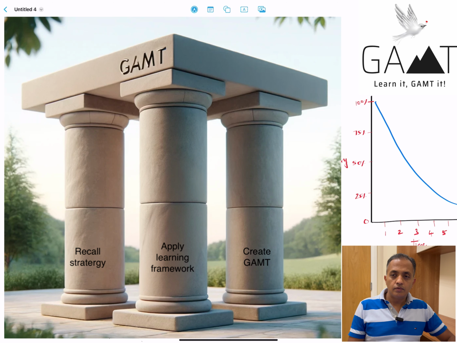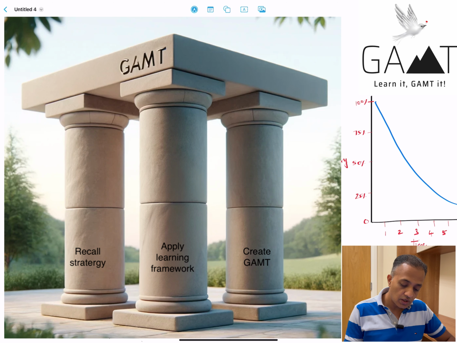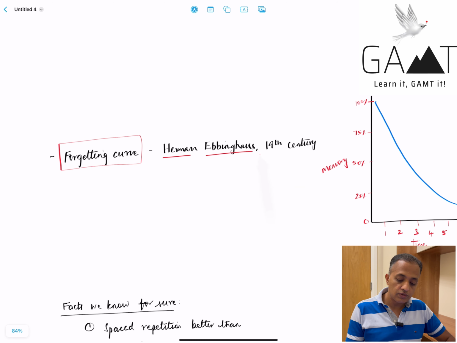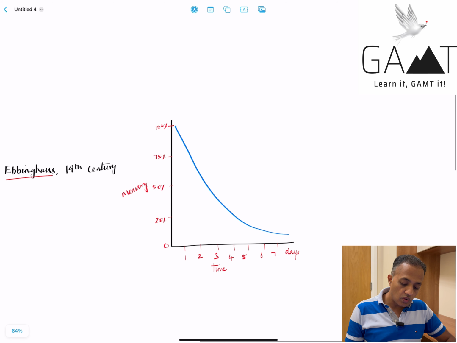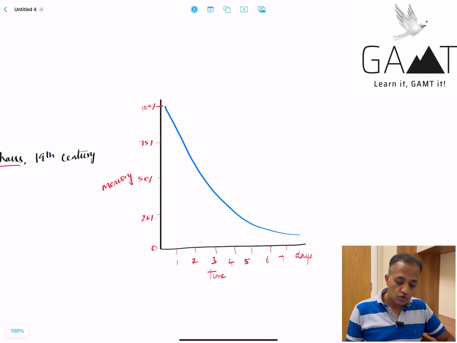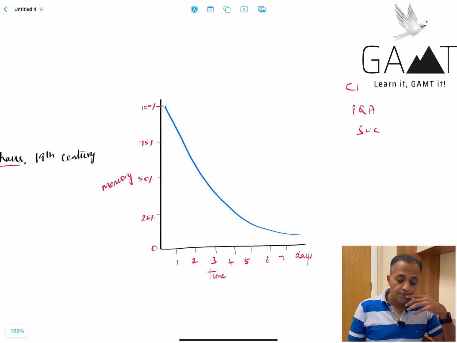You all may be familiar with what is called a forgetting curve. There's a famous German psychologist, Hermann Ebbinghaus, in the 19th century, who described the forgetting curve. He did a test on himself. He gave himself some random words to remember, and then he saw how long he could retain that information.